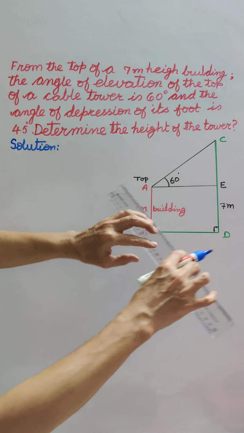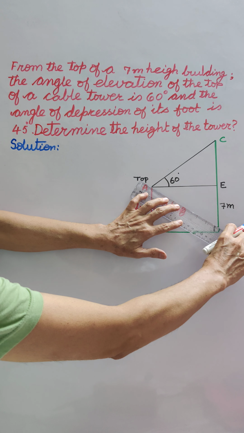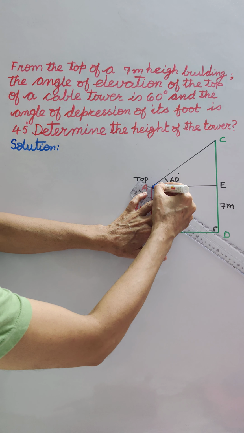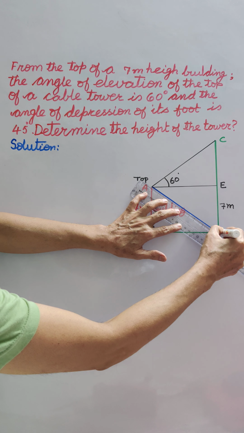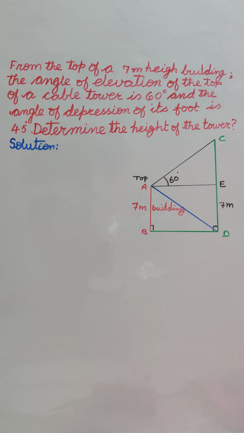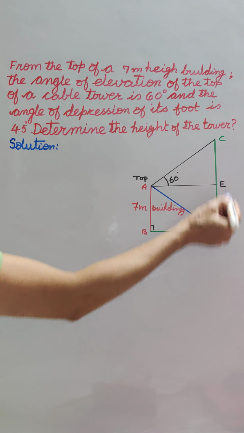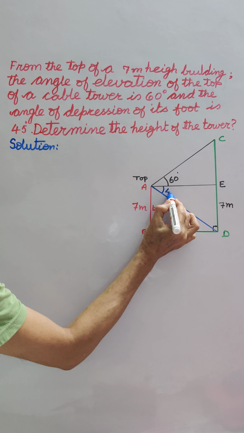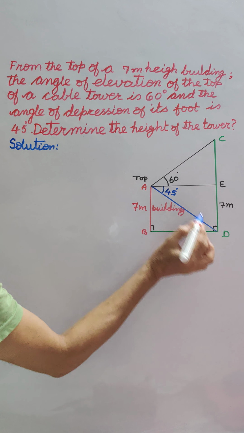Now, the angle of depression from the top of the same building to the foot of the tower is the angle made by line AD, which is 45 degrees.